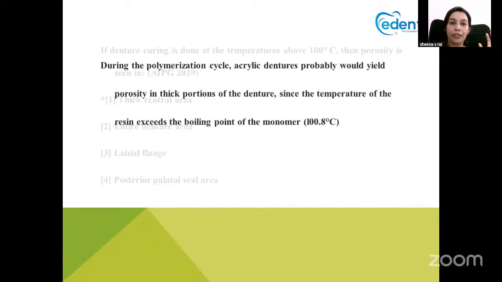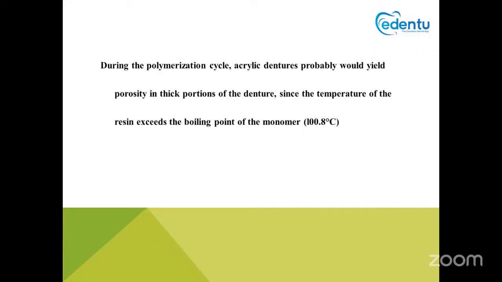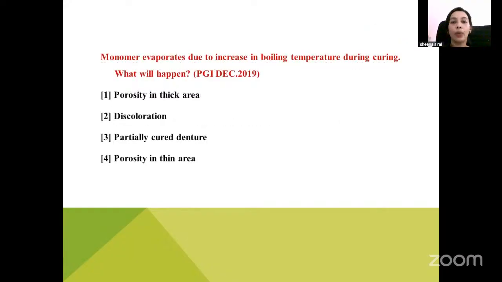Please keep in mind, during the polymerization cycle, acrylic resin yields porosity in very thick areas of the denture since the temperature of the resin exceeds the boiling point of the monomer, that is, keep in mind 100.8 degrees centigrade.